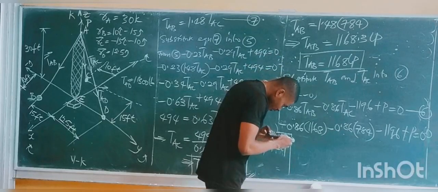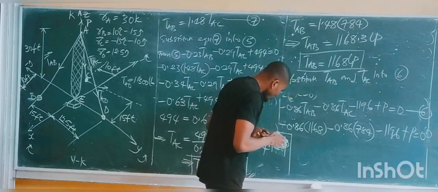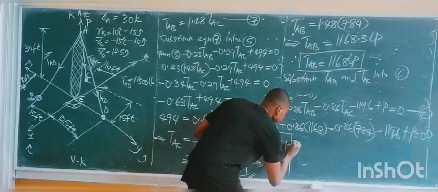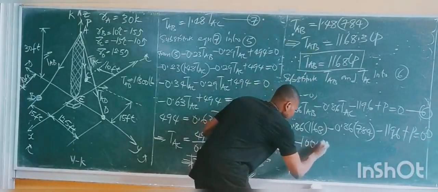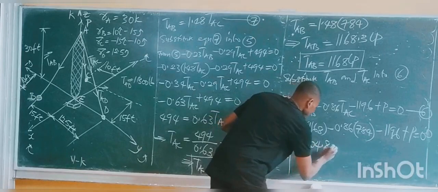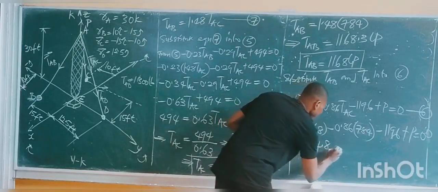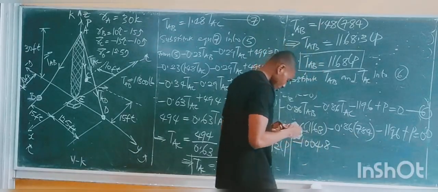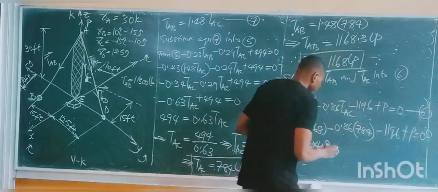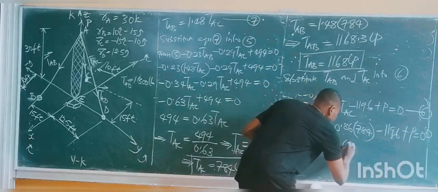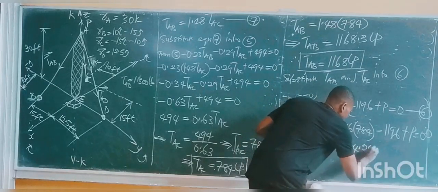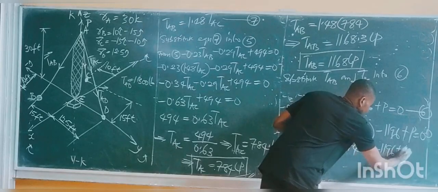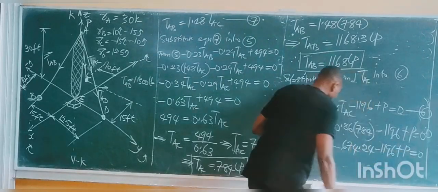Let's now expand the brackets. We have 0.86 multiplied by 1168, which is minus 1004.8, minus 0.86 multiplied by 784, which is minus 674.24, minus 1196 plus P equals 0.